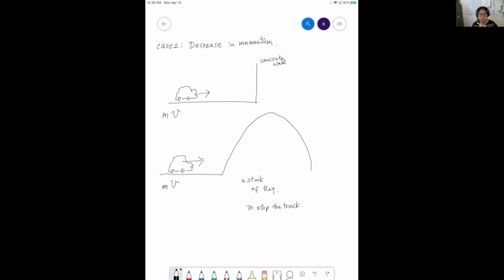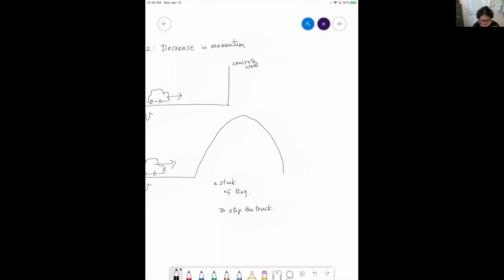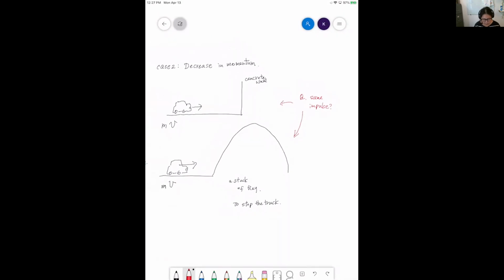Will they have the same impulse? If you hit the concrete wall or a stack of hay, do you have the same impulse? Let's see. Well, initially you're moving with the same speed, so the initial velocity is the same.